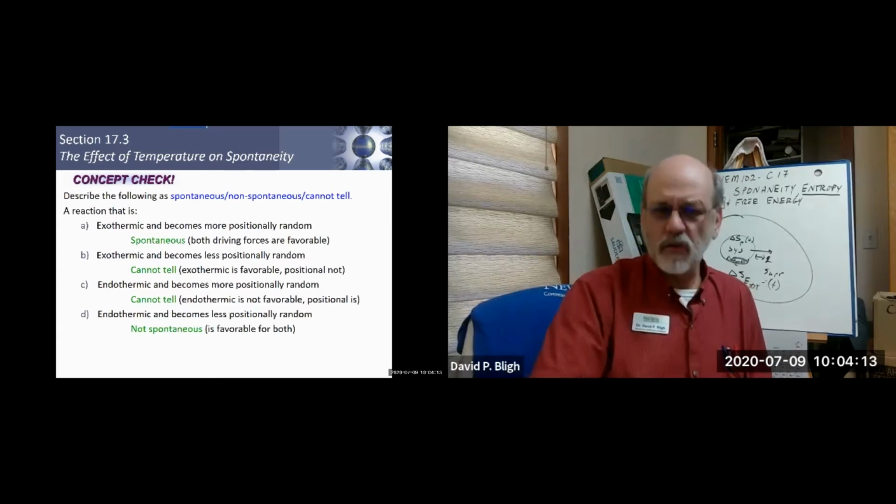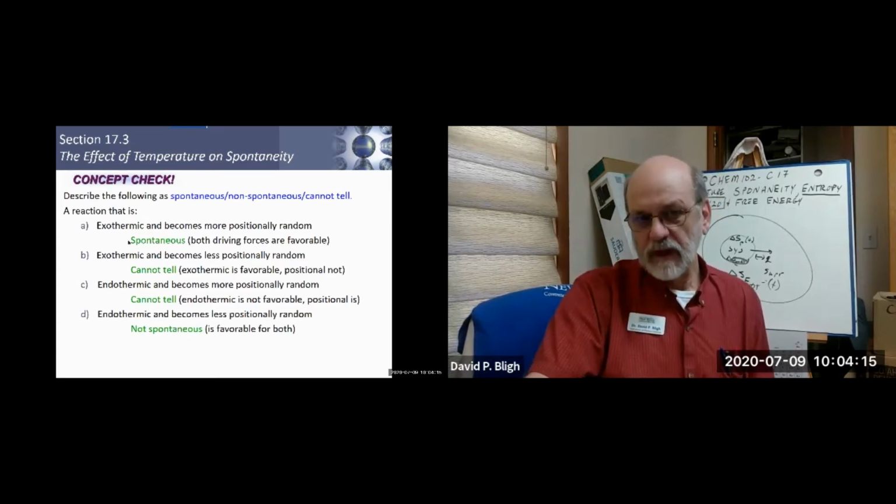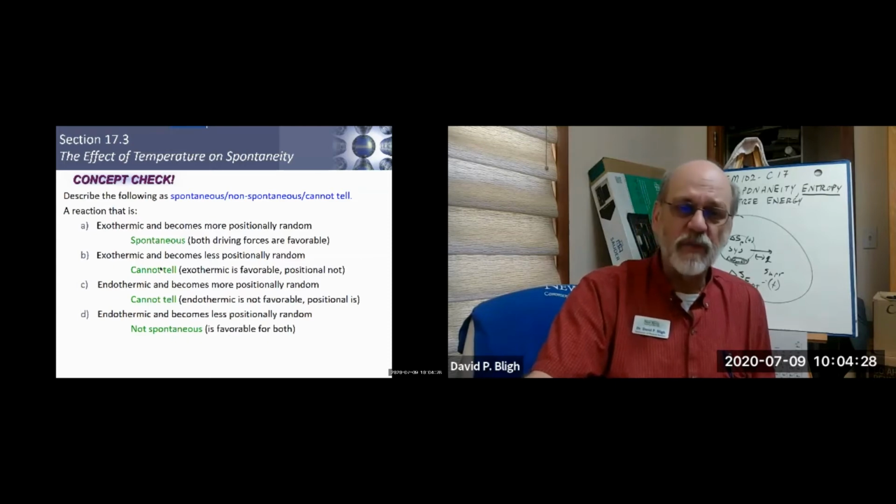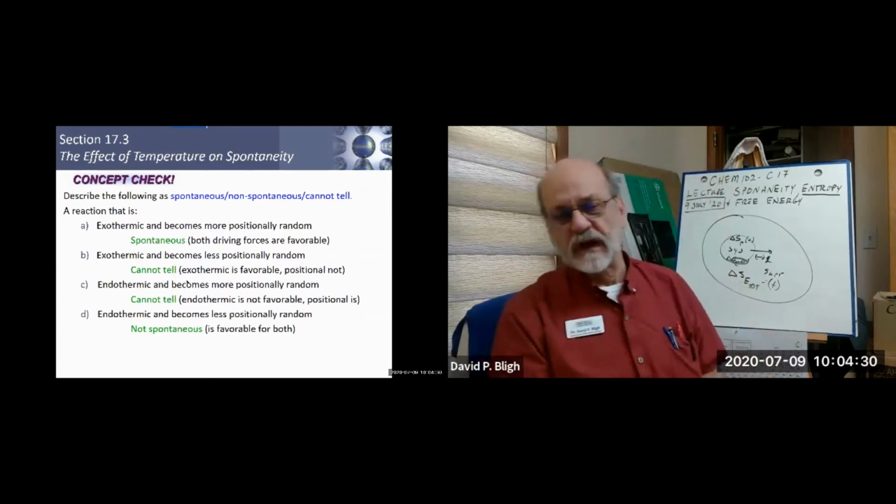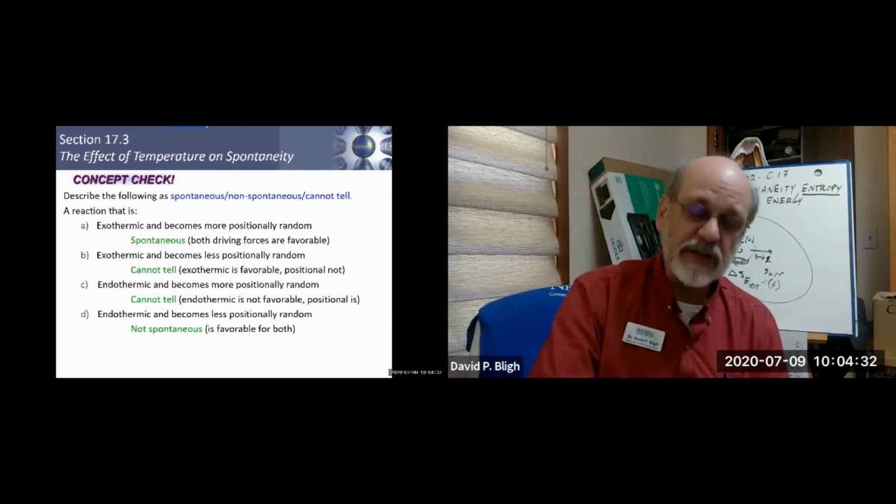Okay, so to recap, if you have an exothermic reaction that's more positionally random, you have a spontaneous reaction. If it's endothermic and less positionally random, you have a non-spontaneous reaction. The other possibilities depend on the circumstances and in particular the temperature.